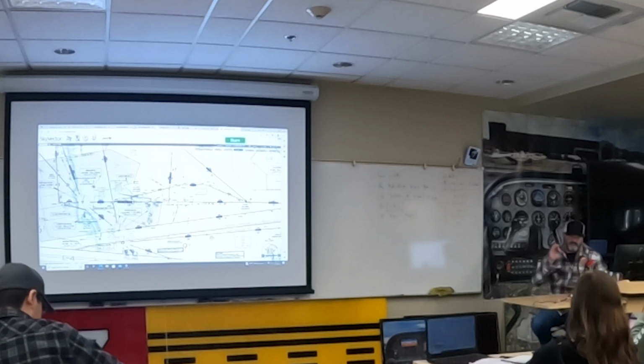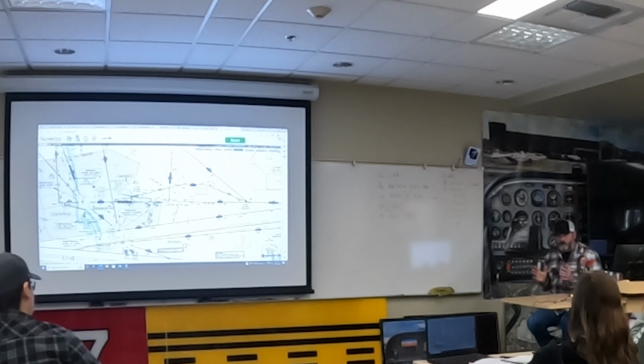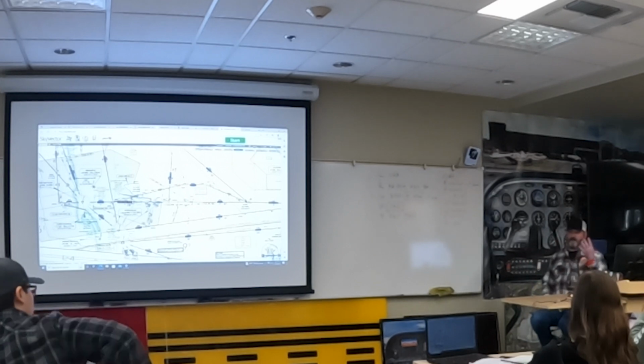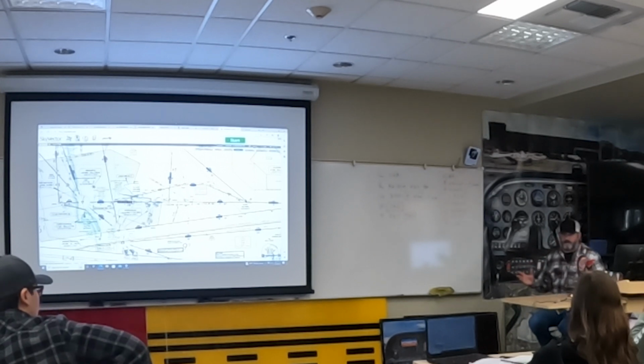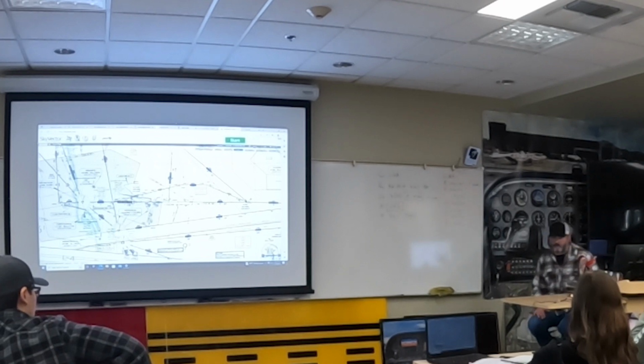And the routings on GPS, since it's performance-based navigation, GPS is more accurate than VOR. The VOR is allowed to be 4 degrees off, and a degree off at 60 miles is a mile off course. VOR is not accurate at all.